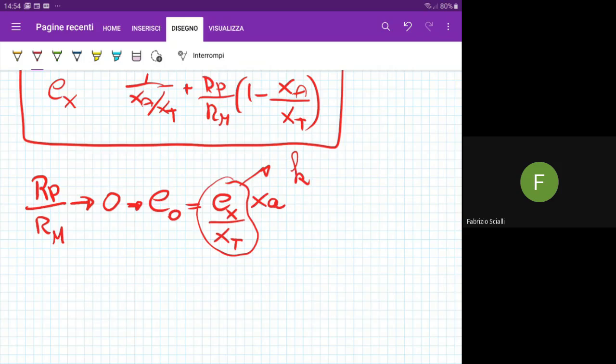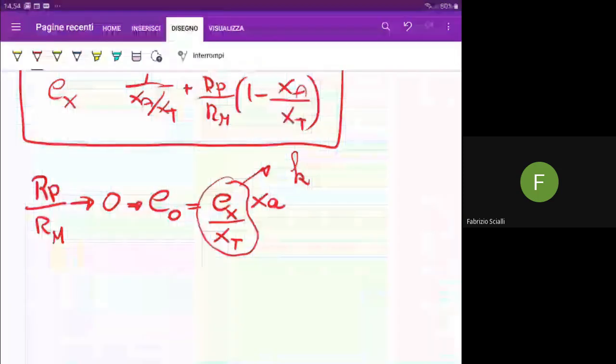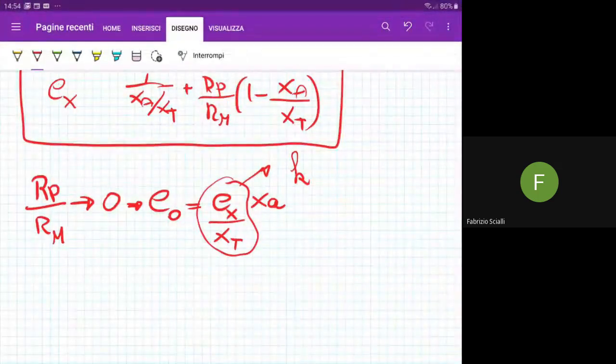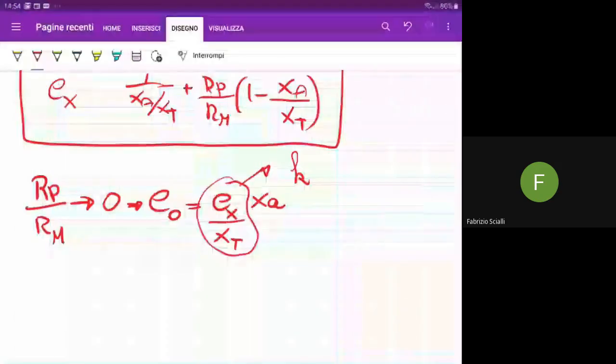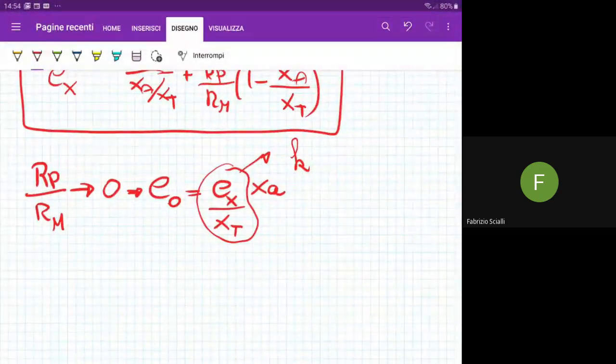So if you like to work in a sort of ideal case, you have to be sure that the measuring resistance is much larger than the potentiometer resistance. That is your reference quantity. So larger with respect to what? With respect to the potentiometer resistance.